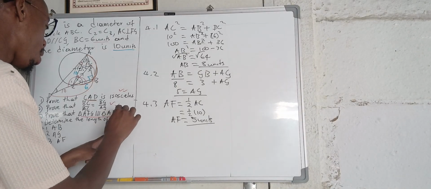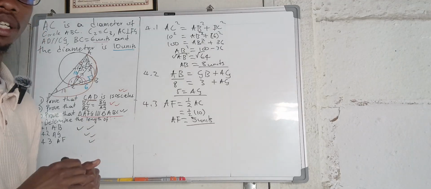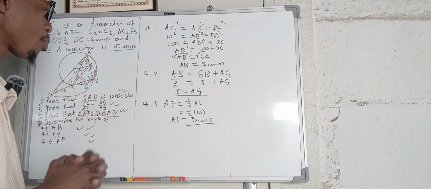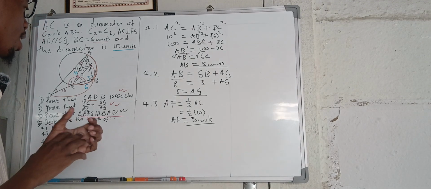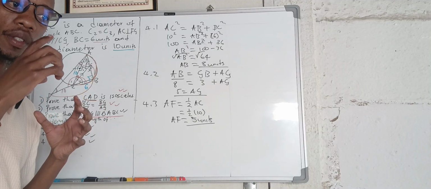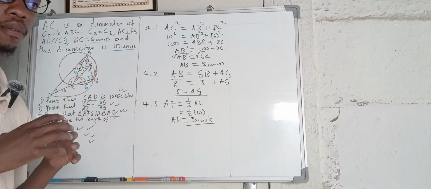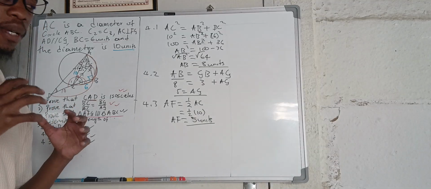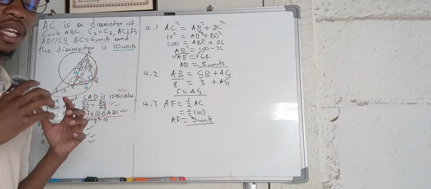We're done with this part. We're done with that part. Oh, this is beautiful, guys. Make sure that you practice. This is how you need to solve such questions. You need to make sure that you have the whole knowledge of your circle geometry, Euclidean geometry, and that you know how to amalgamate everything, and then you will be able to understand.